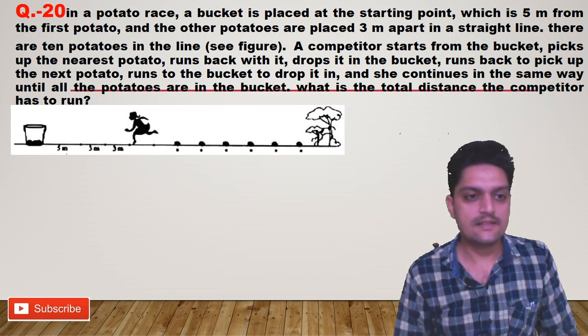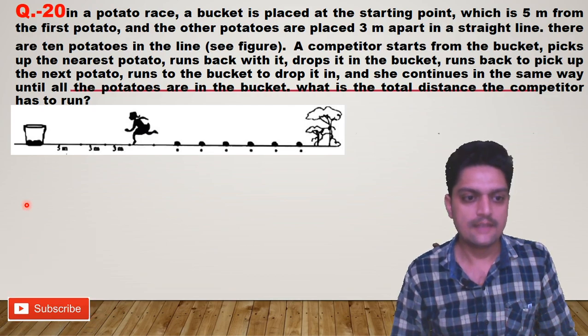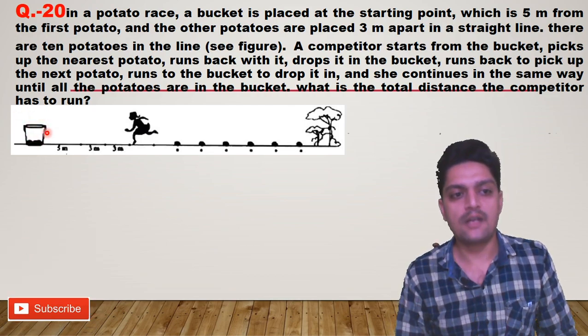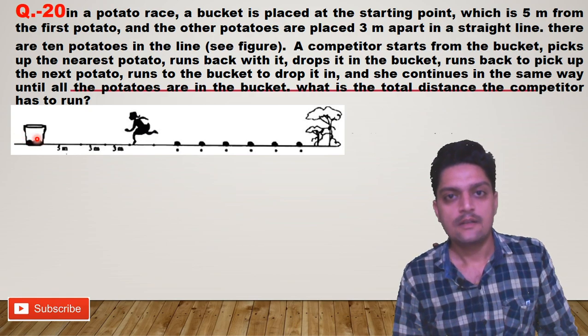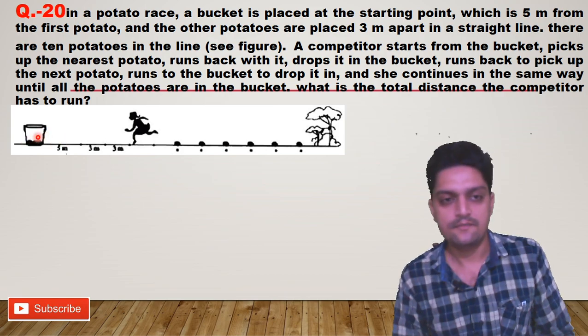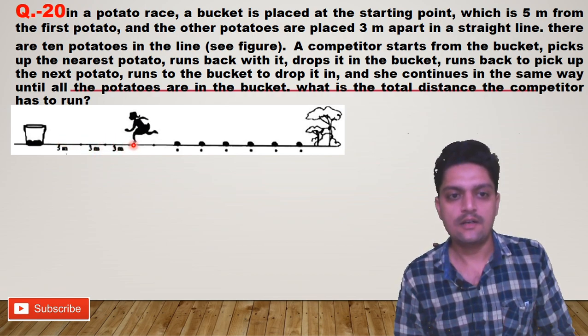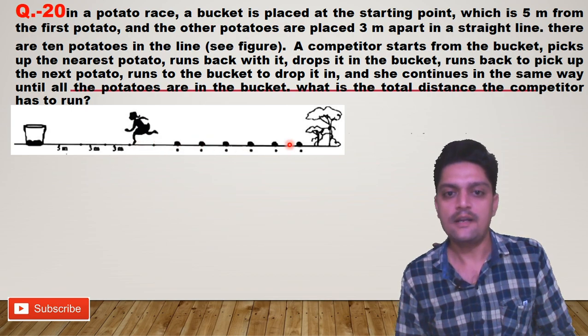So this is the bucket, that is 5 meter away from the first potato. Here this is the first potato, here the second potato, third, fourth, fifth, and so on.